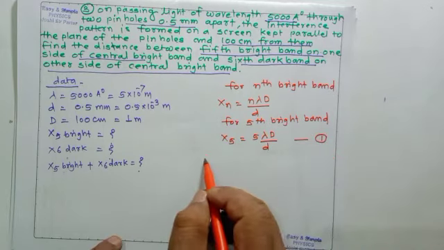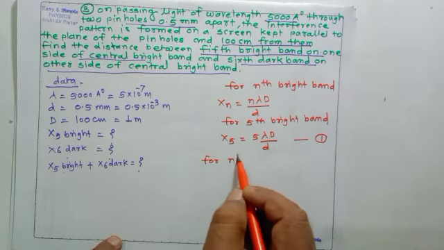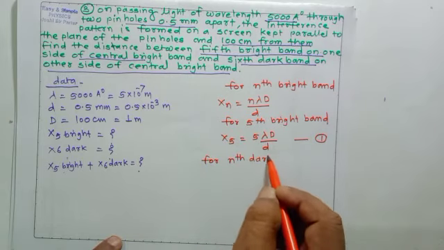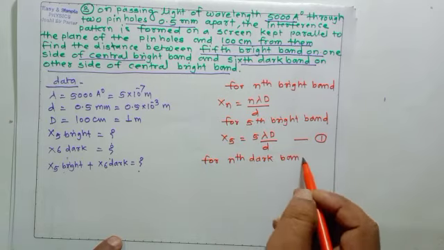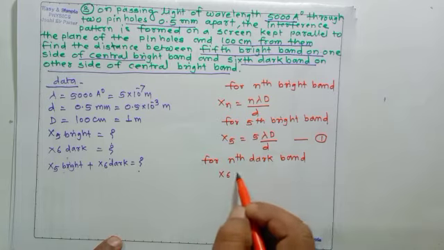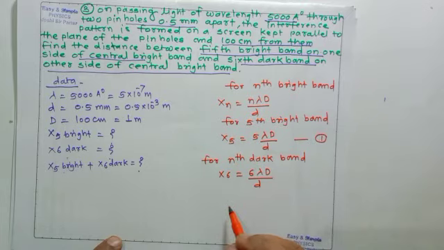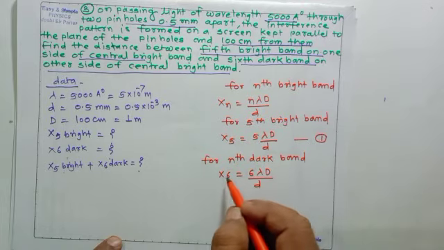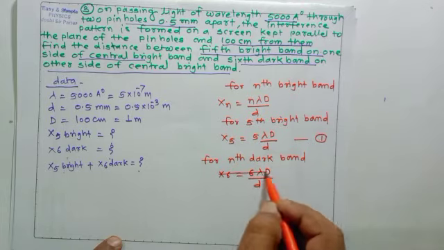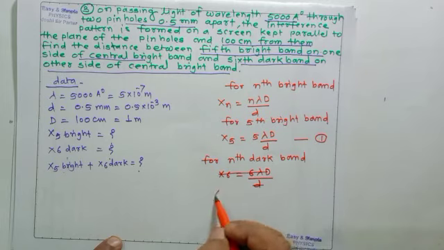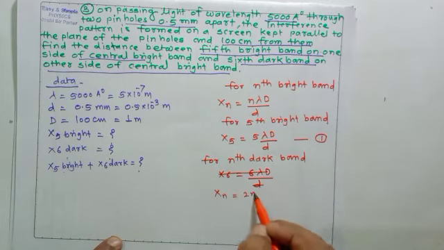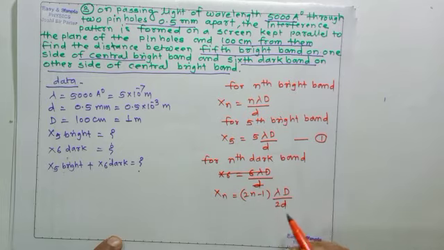Similarly, for nth dark band, it will be xn equal to 2n minus 1 lambda capital D upon 2 small d.